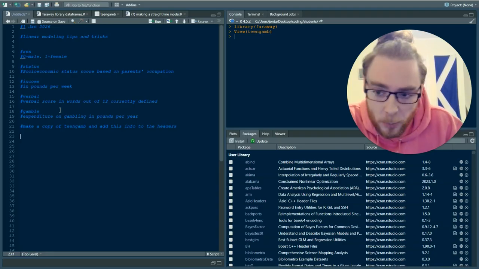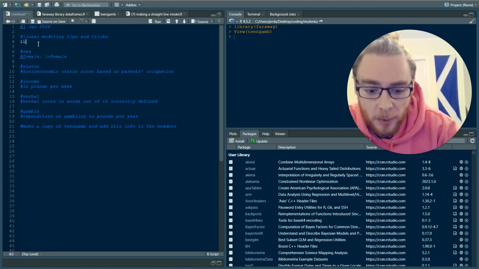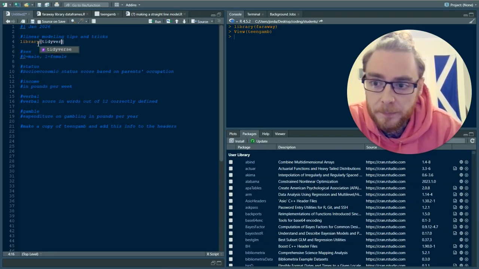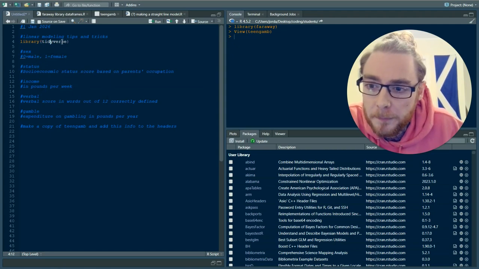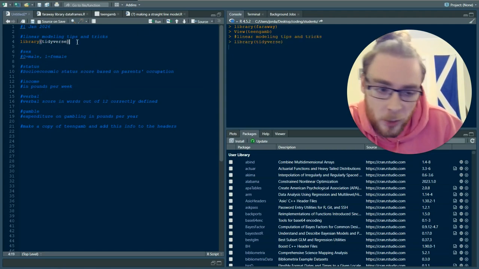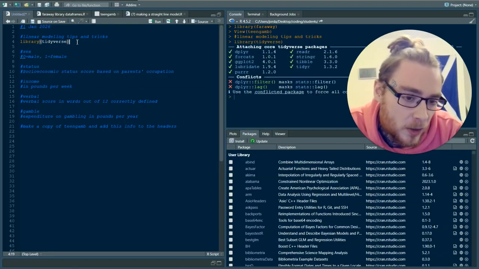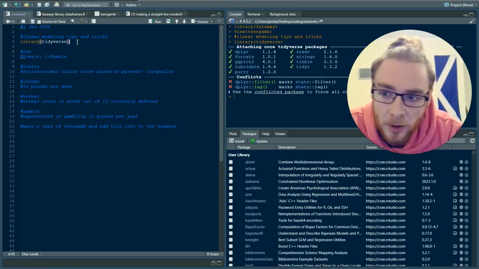Prior to doing that, let's set up our libraries that we would be using in this session. And we'll see how far we get with this, because obviously you could spend hours and hours on different modeling stuff, tips and tricks, but this is a very good start that we're doing today.